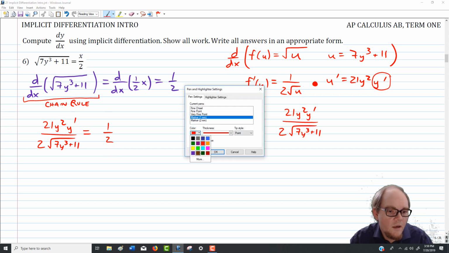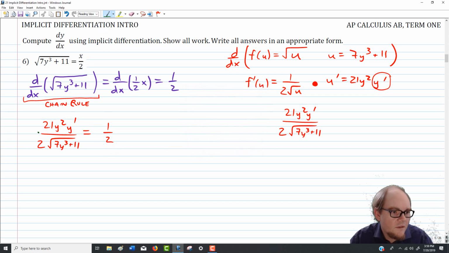So a couple different ways to get there. I'm going to go with the one that is fastest. So I'm going to multiply by everything except for the y prime, but in a reciprocal, because I want to get rid of the denominator and make it move over. I think on my written solutions, I actually did a cross-multiplying sort of technique, or at least it looked that way. So moving some things over, the first thing I'm going to do is multiply both sides by 2 square root of 7y cubed plus 11.